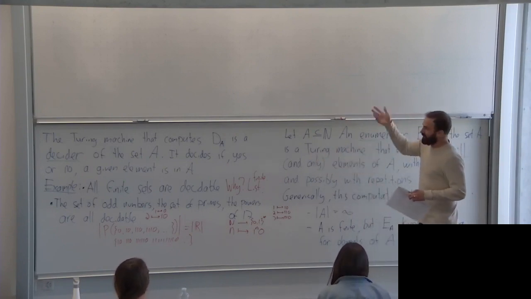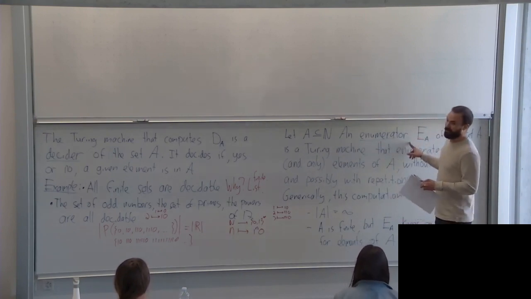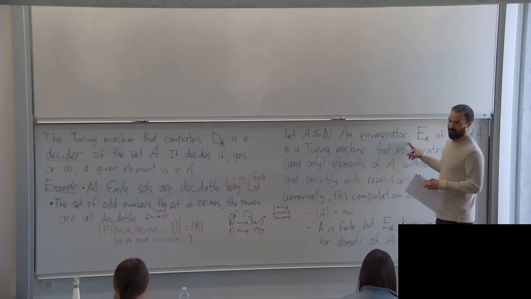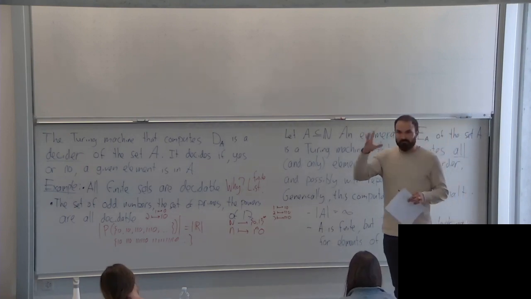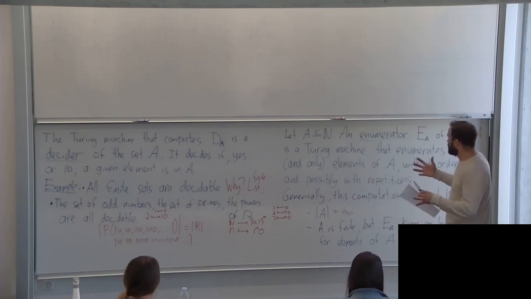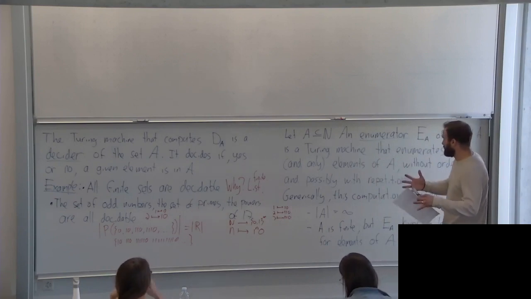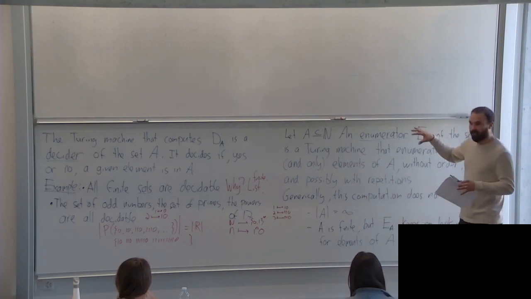Now, inspired by the concept of a decider, we write down a new concept, an enumerator. Instead of connecting computability to a set through deciders, we might want to connect computability of a set through enumerators.